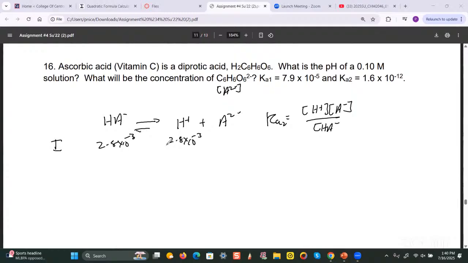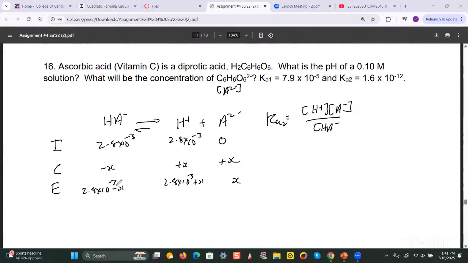All right? Now, there'll be no A2 minus to begin with. So the change here would be minus X, and plus X here, right? At equilibrium, you're going to have 2.8 times 10 to the minus 3 minus X here, 2.8 times 10 to the minus 3 plus X here, and X here.